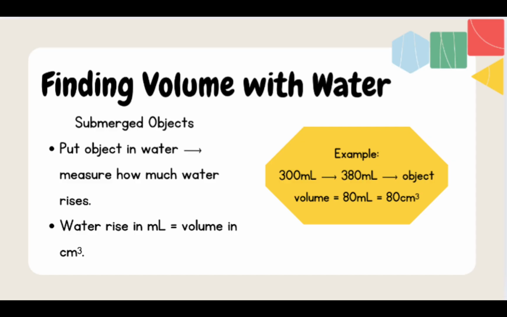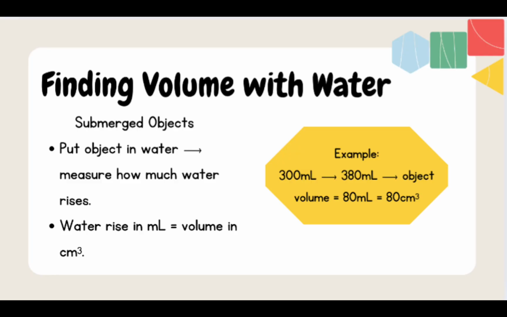Now let's look at the fun part, finding volume with water, or water displacement. If we put an object in water and it sinks, the water level goes up. The amount it rises tells us the volume of the object. An example of this would be water starting at 300 milliliters.